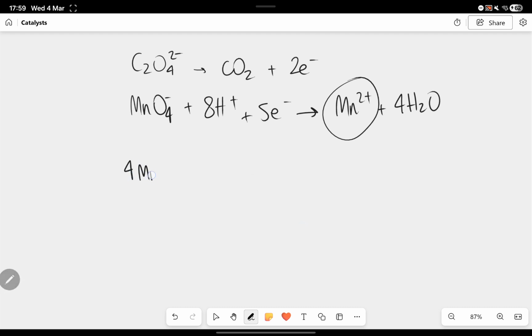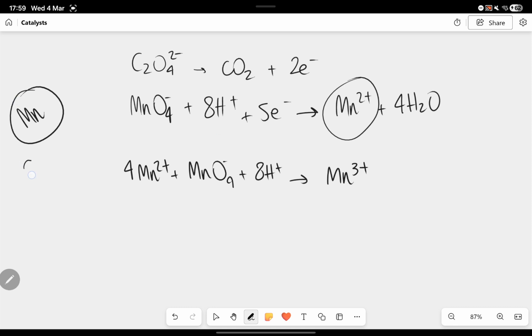So the manganese 2+ is catalyzing this conversion to form Mn3+. So our catalyst is manganese, and manganese is changing from 2+ to 3+. So to balance the equation, this is what we have.